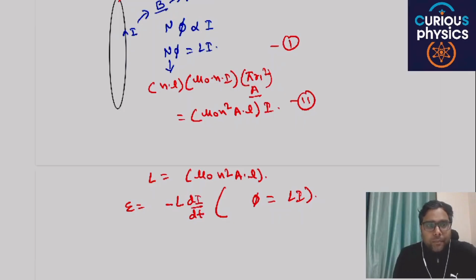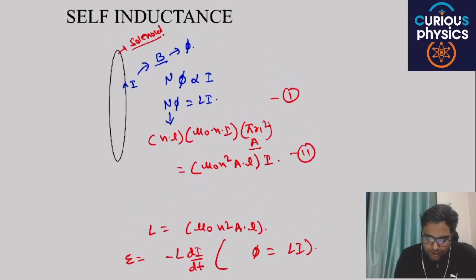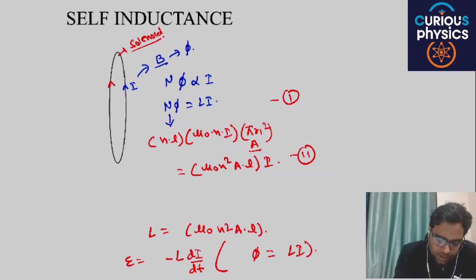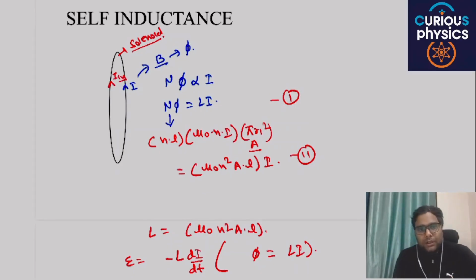The induced EMF will try to oppose the current. Are you able to understand my point or not? This is the basic conceptual clarity. In the coil, if this particular current I is increasing with respect to time, then this induced EMF will be set up in such a way that it will try to reduce the current. Then this induced current will be produced in the opposite direction. Are you able to understand my point?